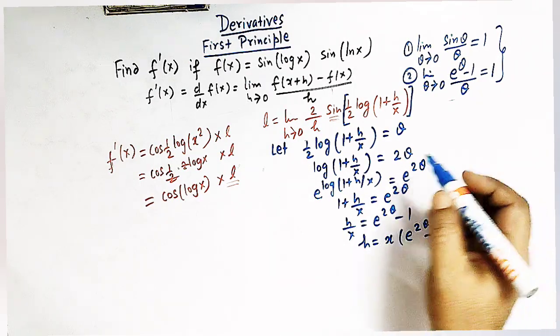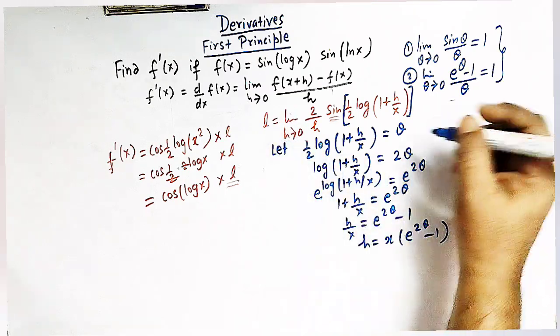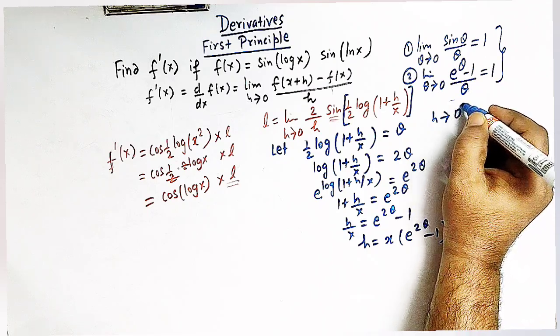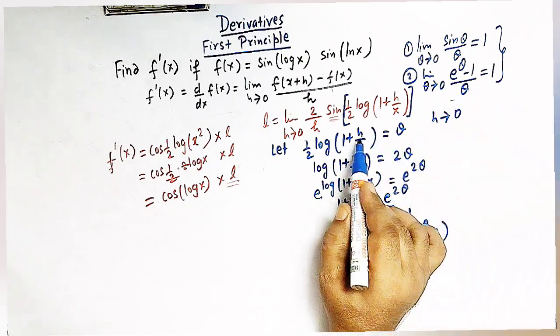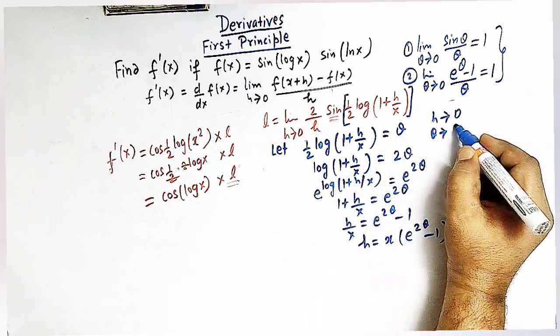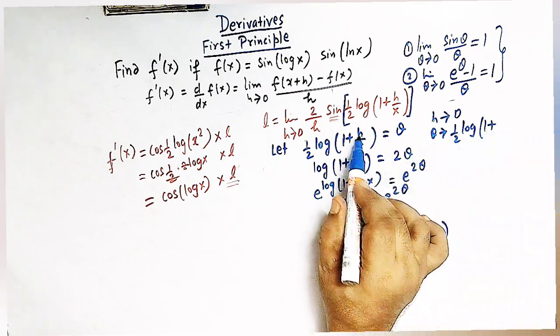So now let us take the limit h tends to 0. Here we are given that h is tending towards 0, right? So when h tends to 0, then theta tends to half log of 1 plus h over x.